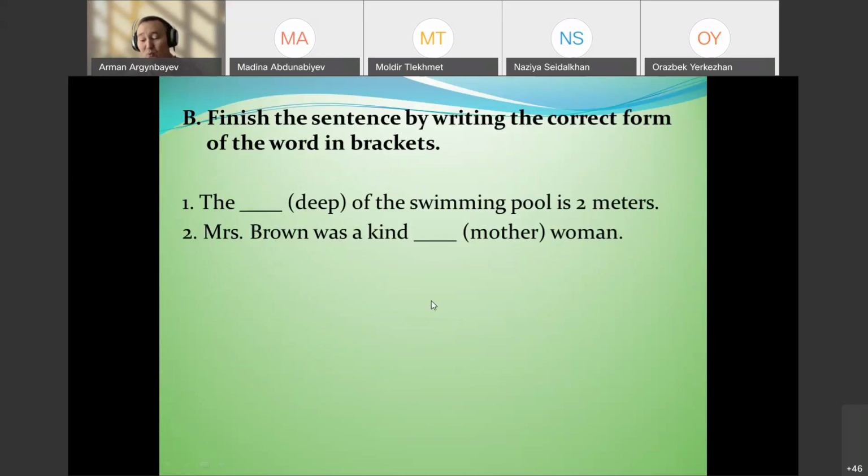This time you have to put the word in the correct part of speech. Yeah. For example, in the first one, the depth, yeah, of the swimming pool is 2 meters. Mr. Brown was a kind, what kind of woman? Do you know the answer? Mr. Brown was a kind, motherly woman.